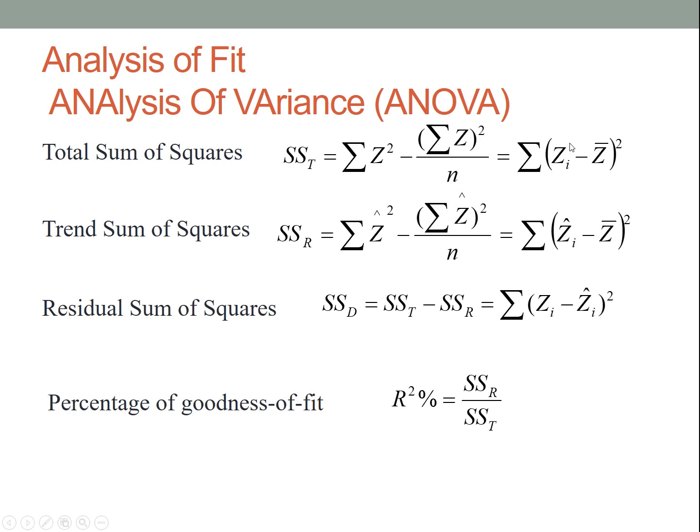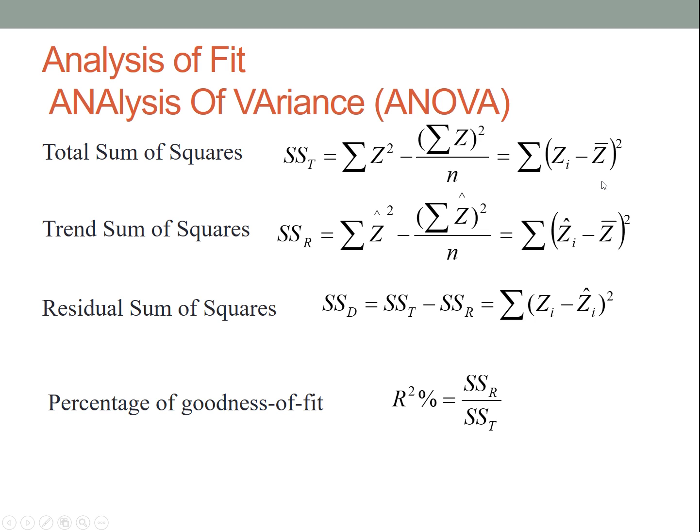So here we have our observed values minus the mean. The bar on top of the Z means average, or mean. So I take the mean of all my observed Z values, and then I take each individual one and subtract the mean from it, and then I square it, and then I add them all up. Then for my trend sum of squares, I take my modeled Z values, the L hat, and subtract the mean.